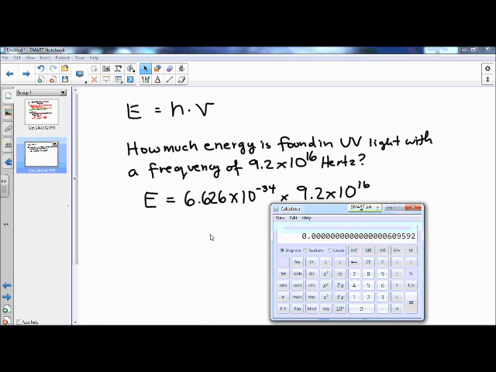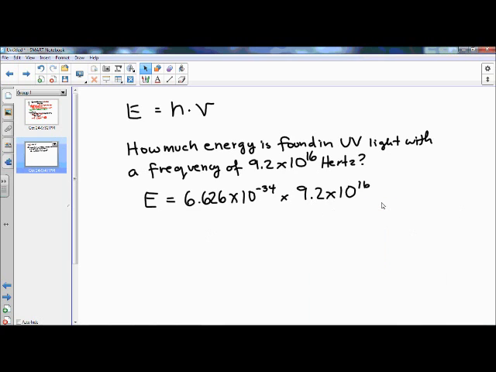So it looks like about 6.1 times 10 to the negative 17. Okay, so that's how much energy we find in ultraviolet light.